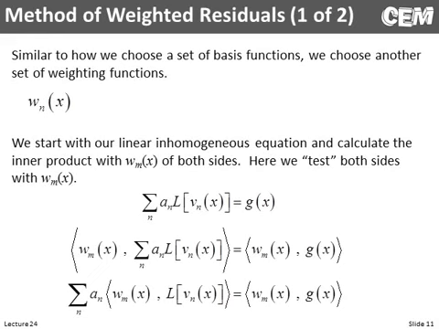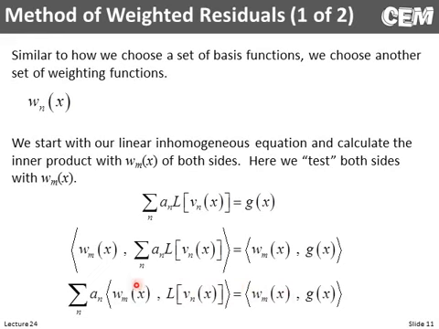So then what we'll do is we'll compare both sides of our equation to W using the inner product. So we're taking W inner product with the left side, W inner product with the right side. And then we'll use properties of our inner product to move things around on the left-hand side, and the right-hand side stays the same.